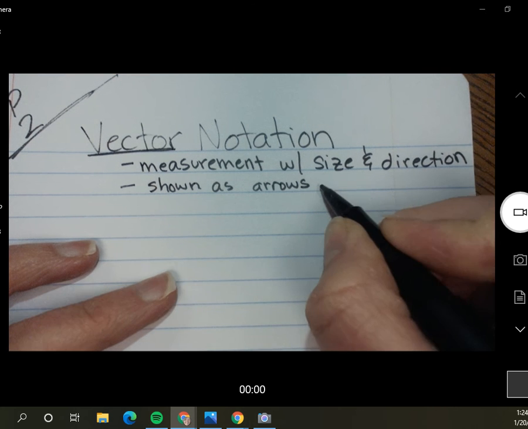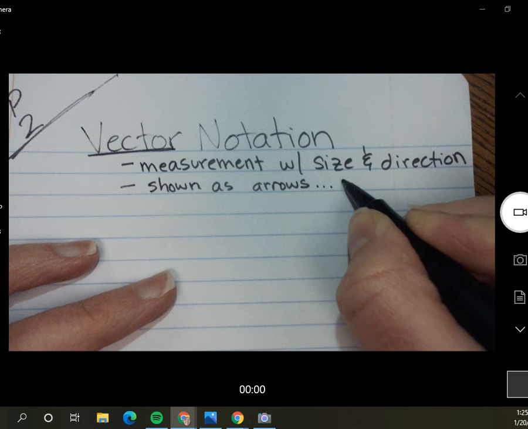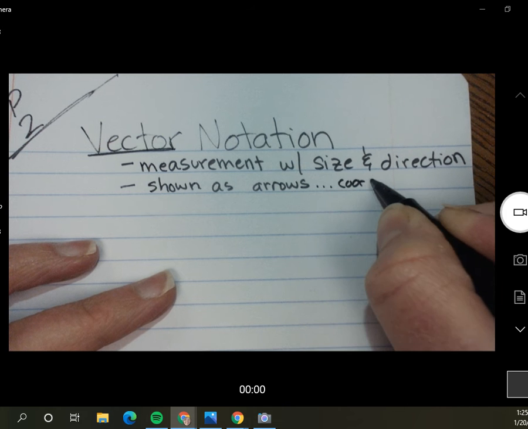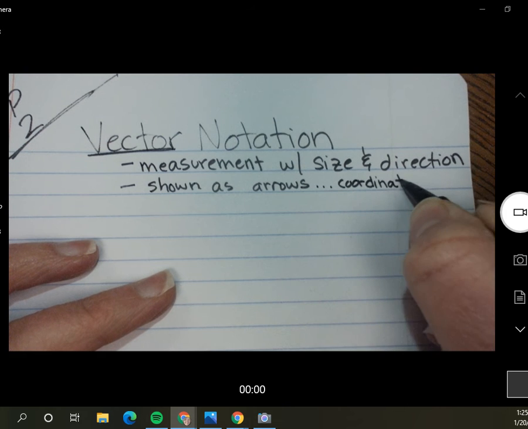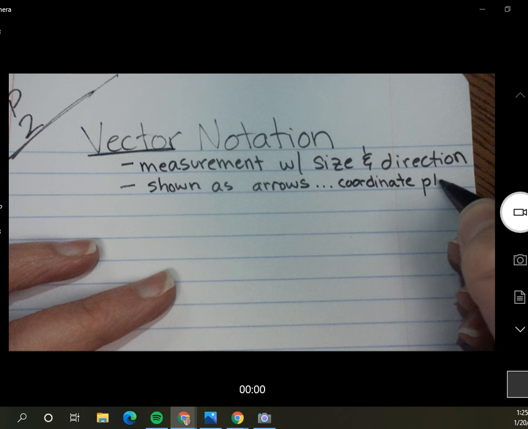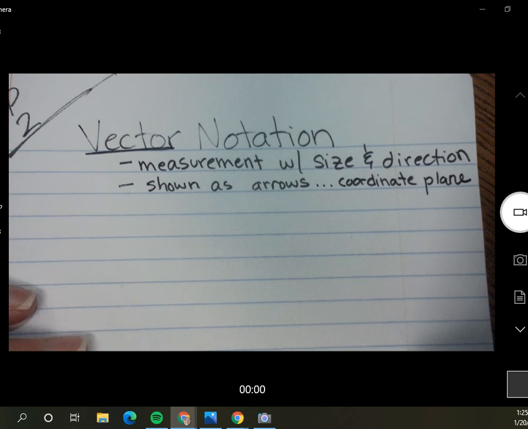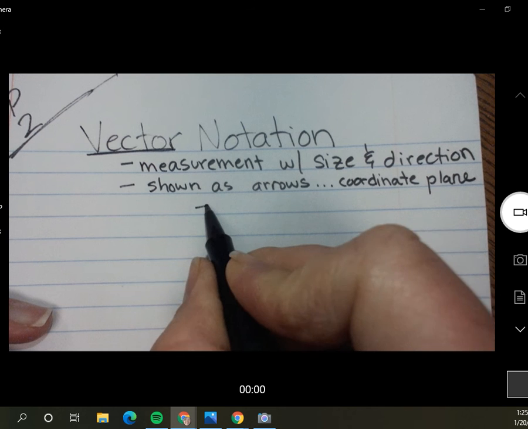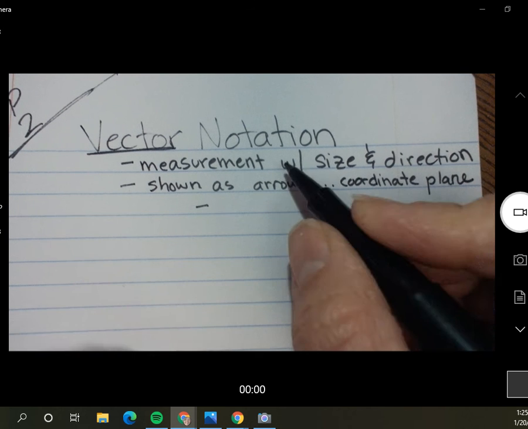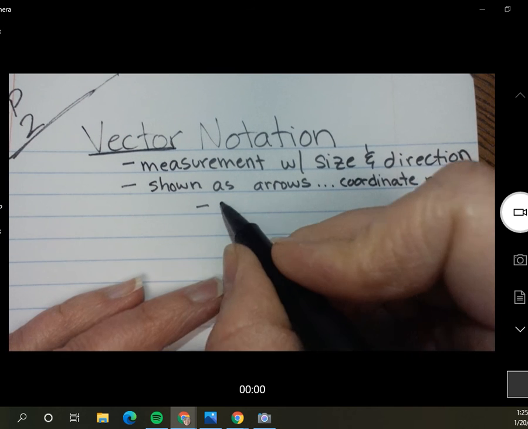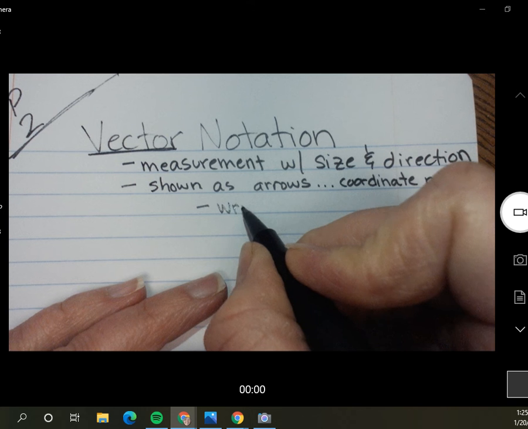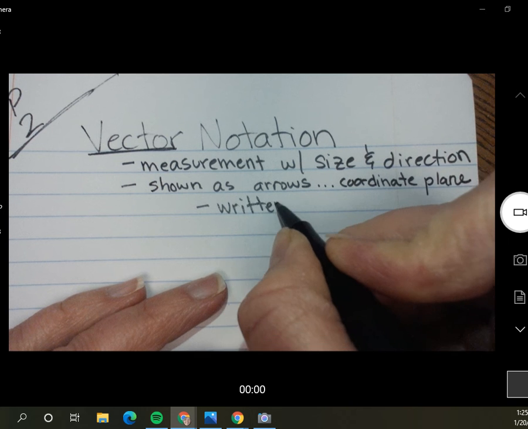On a coordinate plane. That's why in the examples that we'll look at in a second, it looks like it's on a coordinate plane, because it is. We write vectors as a bold A or an A with an arrow on the end.